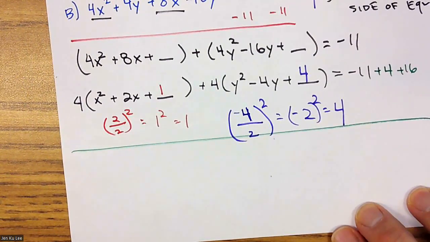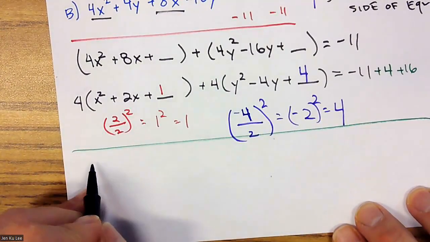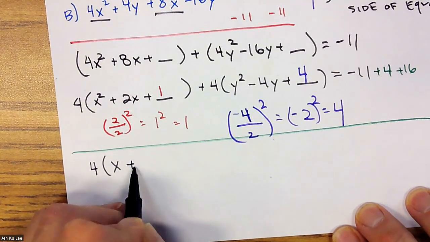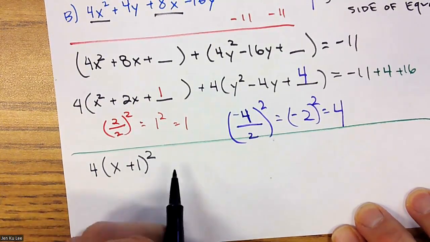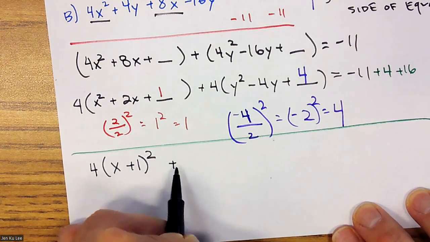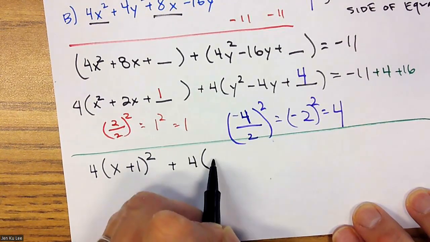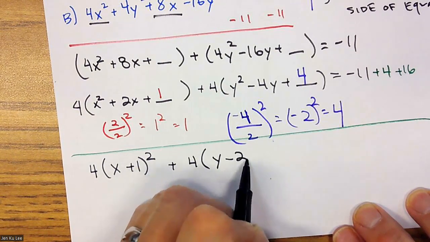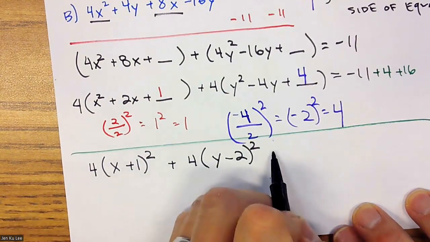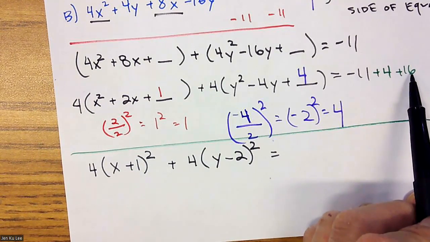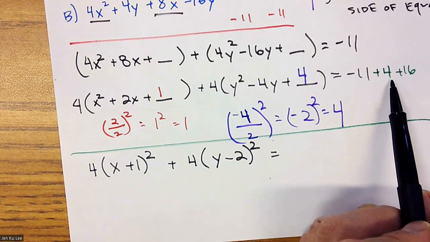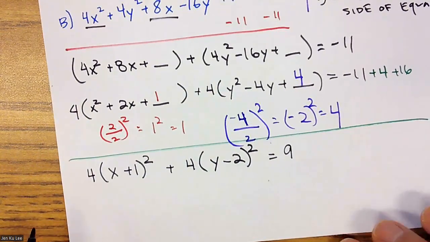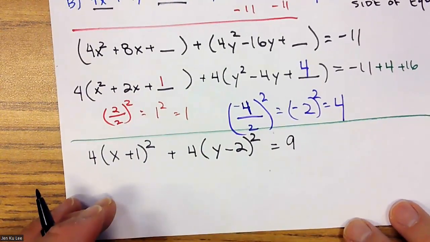So if I simplify that out now, 4 times (x plus 1) quantity squared plus 4 times (y minus 2) quantity squared equals 16 plus 4, that's 20, minus 11, that's 9. Right?